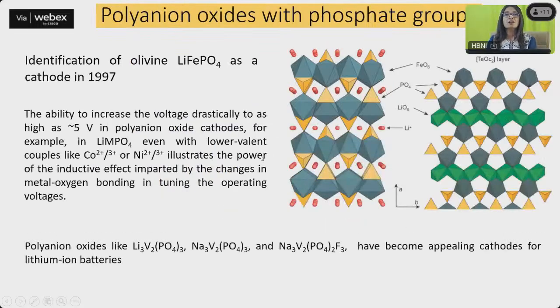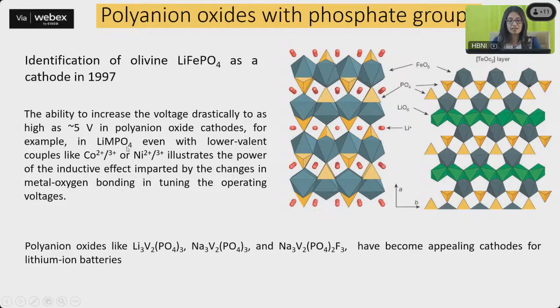So from this particular idea came the idea of this other very important cathode material, which is made of earth abundant materials. Instead of LCO, you'll have LiFePO4, and this was the olivine LiFePO4 material, identified as a good cathode material in 1997. So this increases the ability to increase the voltage drastically to as high as 5 volt in polyanion cathodes.